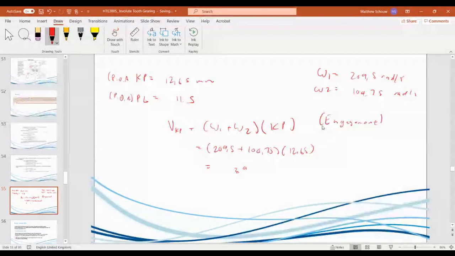So I'm going to call it PL. That's on the path of recess. Obviously, recess, as it says, is still 209.5 plus 104.75. And we times it by PL, which is 11.5.